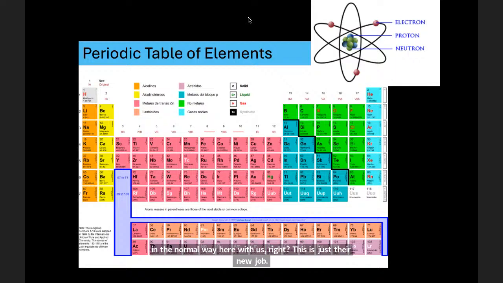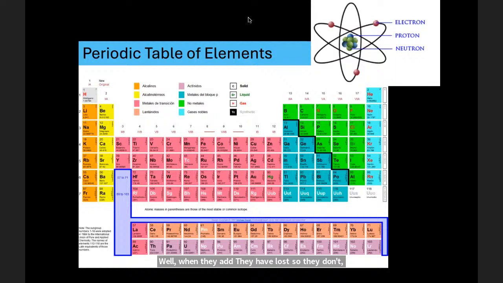But when they are coming from the universe, they have lost their electrons, so they haven't attracted these electrons. So they move around with positive charge, the charge of the particles. If you may remember, this is the periodic table of elements. Maybe when we were studying, this part was not there.